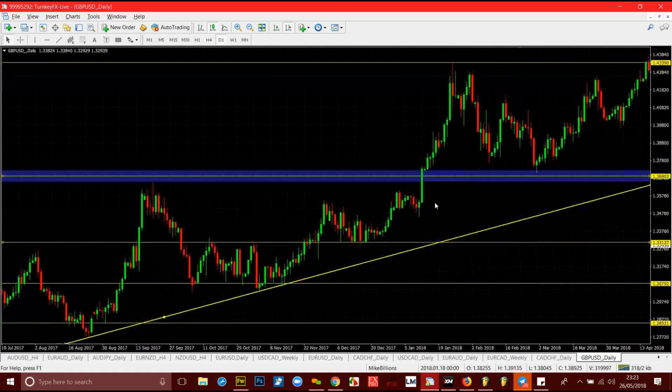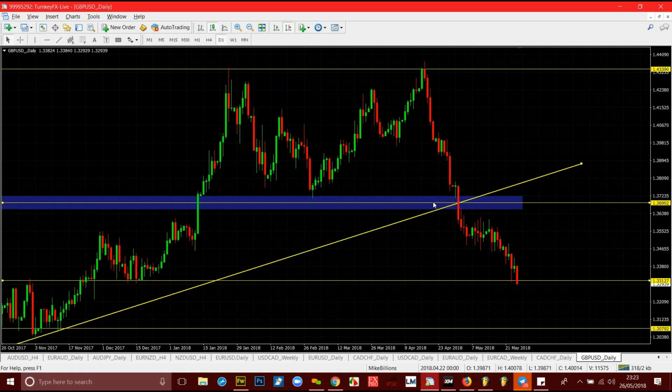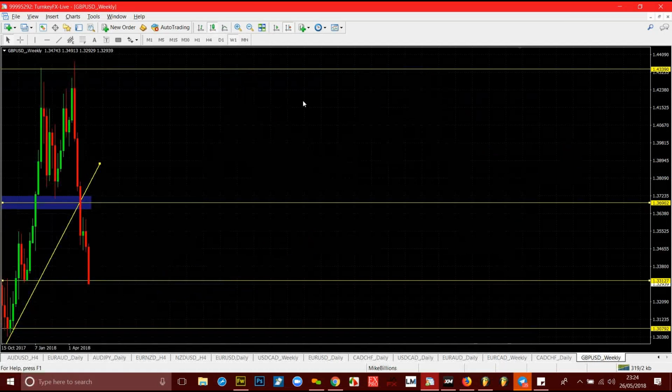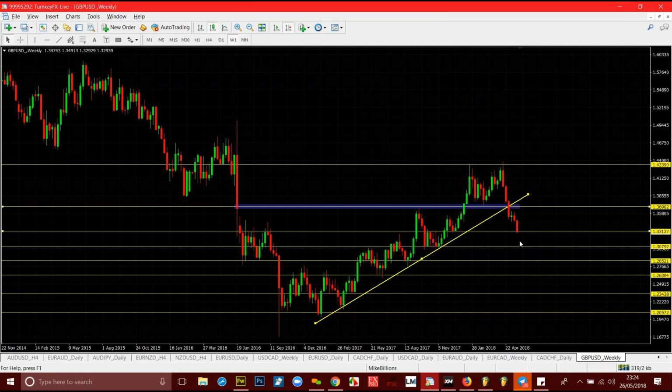So yeah, another thing to also look at, let me see on the weekly. This is a demand zone that it may have to come back and test. Okay, I forgot to put that into consideration. This is a demand zone, by the way.